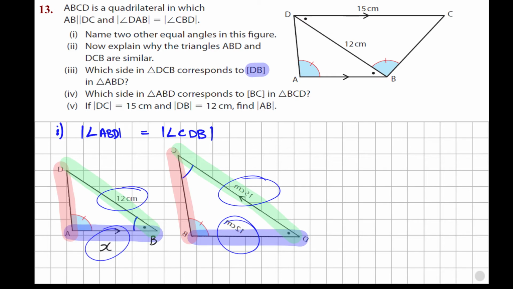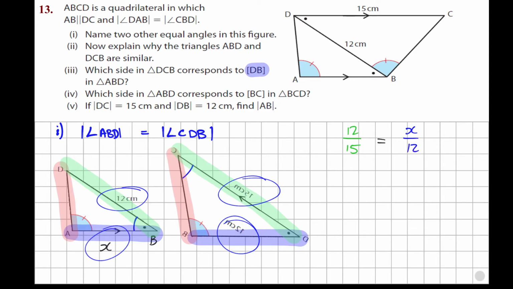Okay. So I'm going to form an equation, and I'm going to start off by using the fractions there. So with my fractions, I will do the first one there. 12 over 15 will be equal to x over 12.